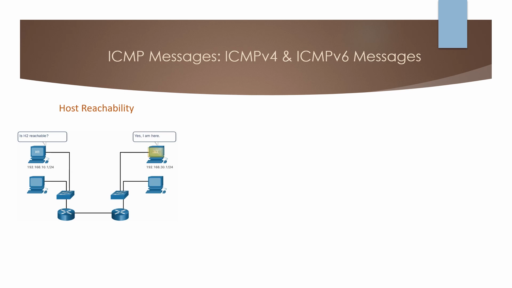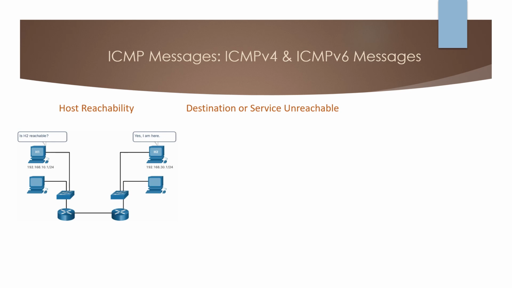The next is destination or service unreachable. When a host or a gateway receives a packet that it cannot deliver, it can use an Internet Control Message Protocol destination unreachable message to notify the source that the destination or service is unreachable.